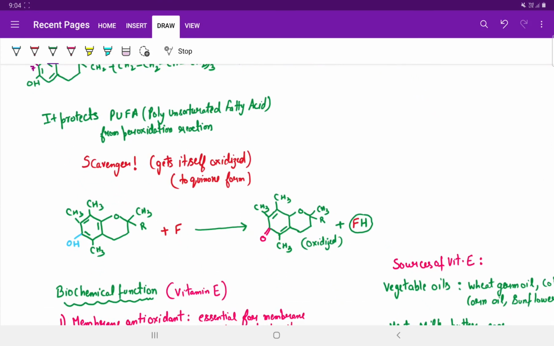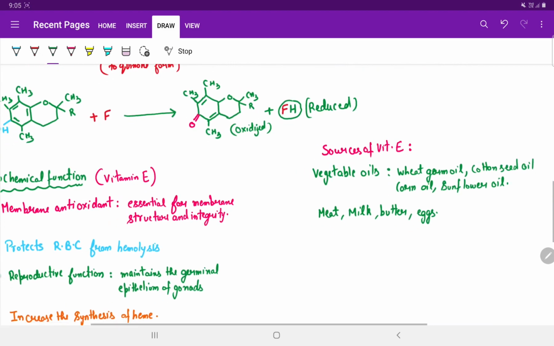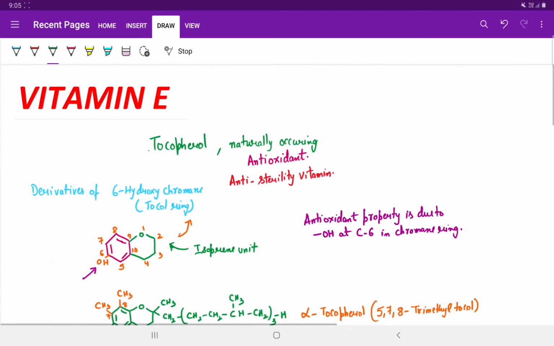This is basically an antioxidant property that is highlighted in this reaction. You can see how the free radicals are scavenged and they are reduced, and the chromane ring itself gets oxidized. So the sources, then comes the biochemical functions. So this was all about vitamin E.